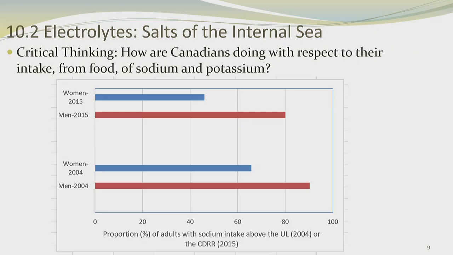So as we can see here, the bars show the proportion of adults with sodium intakes above the UL. And we can see that in 2004, a significant number of Canadians, about 2/3 of women and 90% of men, are consuming extremely high amounts of sodium. In 2015, the intakes are lower, but still very high. And this is concerning because of the impact that we know that sodium has on increase in blood pressure. And this is an important risk factor for cardiovascular diseases as well.